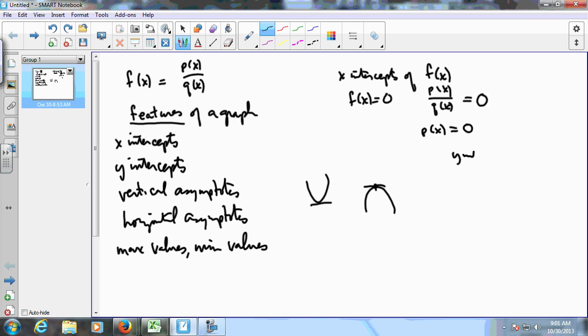Y-intercepts, there's only one y-intercept, at most one, for a rational function, and you figure it out by evaluating the rational function at 0. We talked about vertical asymptotes.